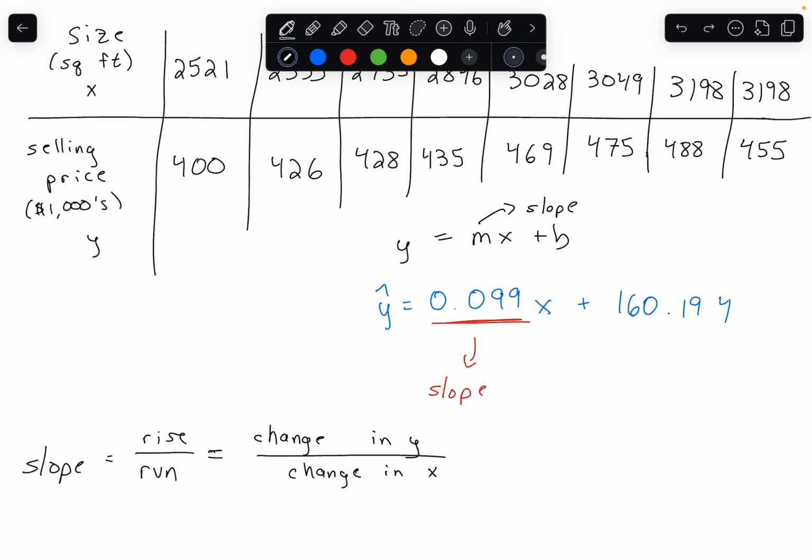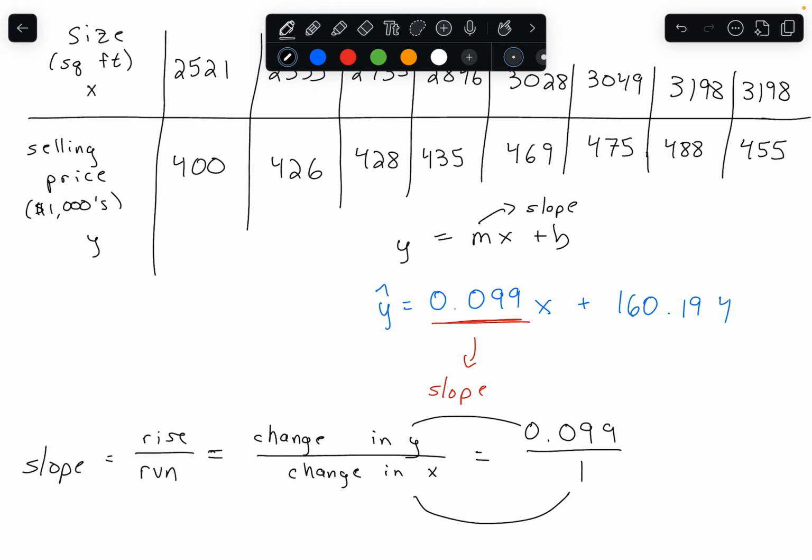So I'm going to take that slope that I found and I'm going to force it to be a fraction. So we have 0.099 divided by, I'm going to just say, okay, well, any number divided by itself is 1. So if you don't have a fraction, you can always force it to be a fraction by putting it over 1. So this says here's the change in x, here's the change in y.